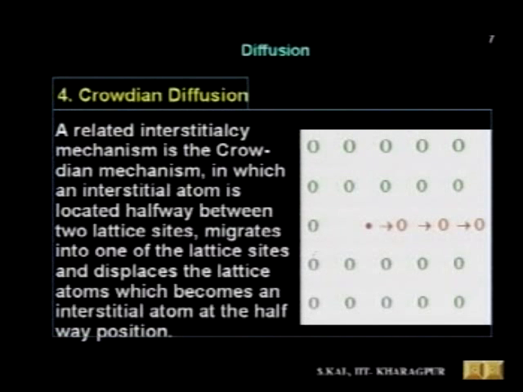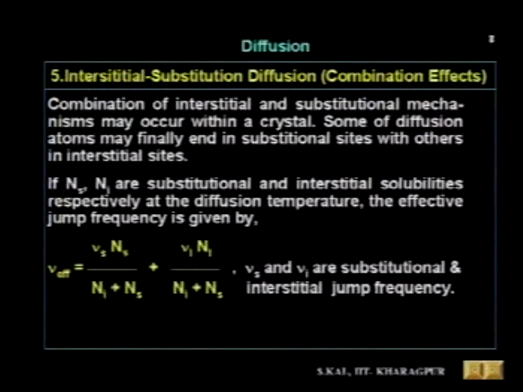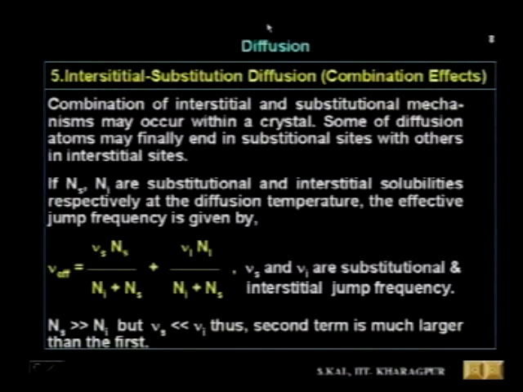And the fifth one is known as interstitial substitution diffusion. That is basically the combination effect. Here, a combination of interstitial and substitutional mechanisms may occur within the crystal. Some of the diffusing atoms may finally end up in substitutional sites, with others in interstitial sites. Both interstitial and substitutional diffusion occur in this particular mechanism.